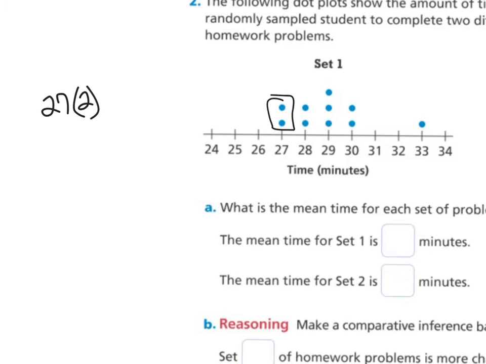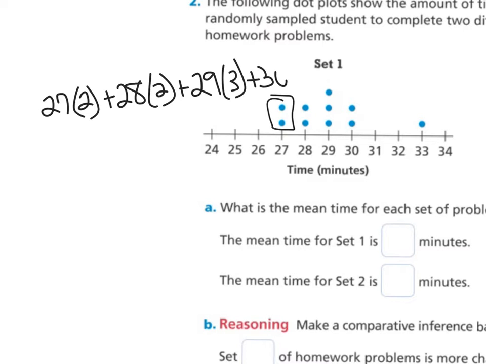In other words, I have two 27s, so 27 times 2. I have two 28s. I have three 29s. I have two 30s. And I have one 33.